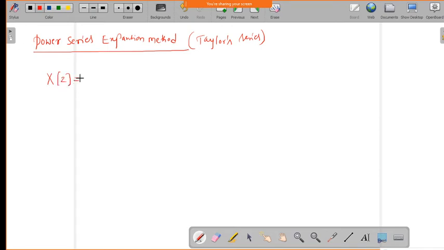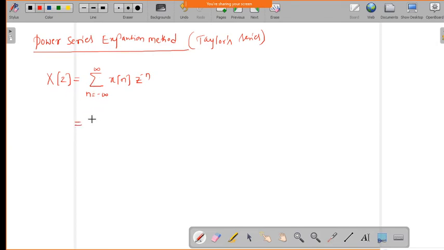In terms of the summation form, which is n equal to minus infinity to plus infinity, X(z) is the sum of x(n) into z power minus n. Okay, so this is the equation which we know.